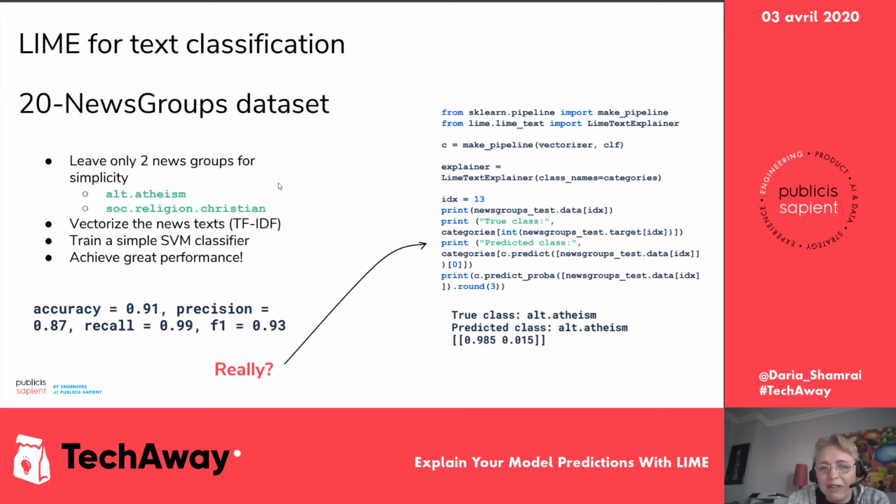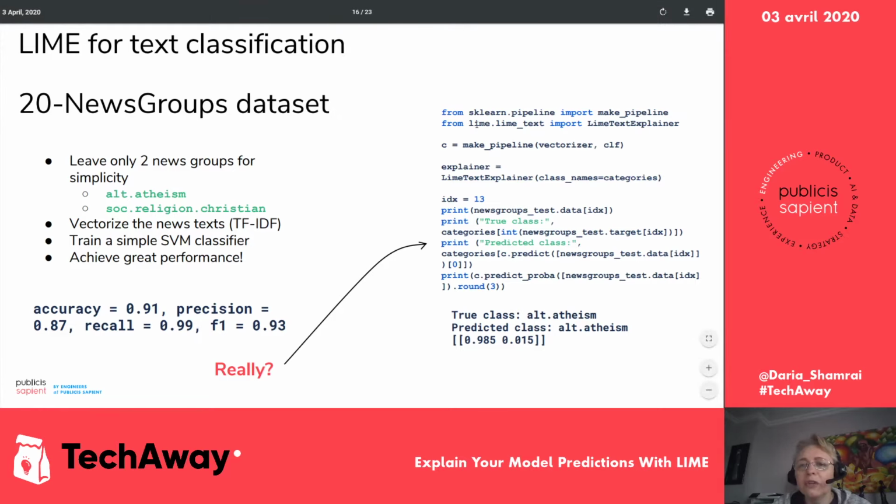performance for your classifier, especially before you do any type of feature engineering or hyperparameter optimization. So here what we can do is try to use the LIME text explainer, which lives inside the lime_text package.